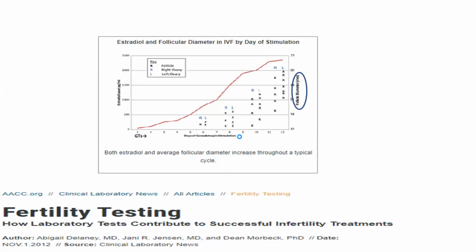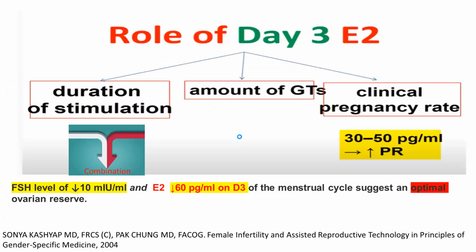Of course, estradiol is correlated with the follicle diameter and number. So estradiol is measured on day 3 with FSH to detect whether ovarian reserve is optimal or not. Also, estimation of estradiol at the beginning can predict the clinical pregnancy rate.